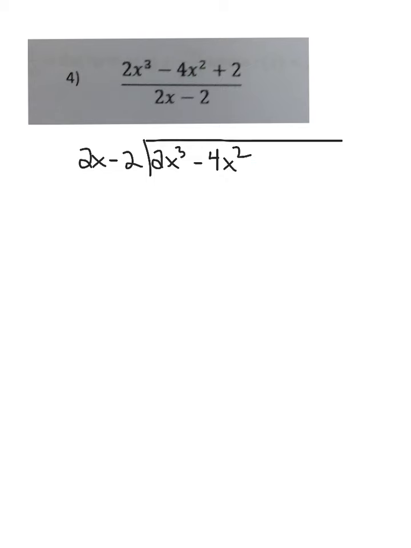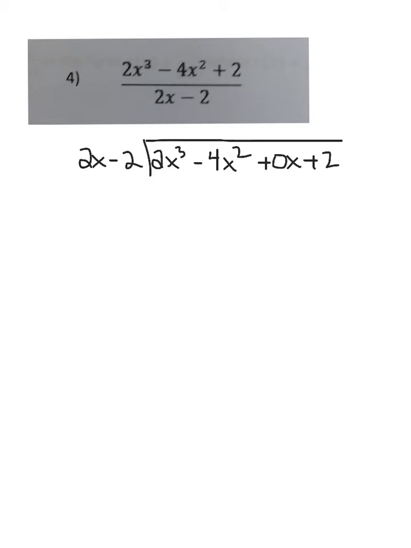And the reason why I did is, remember I said that we have to write this polynomial in descending order of the powers. So I have x cubed, then I have x squared, but I'm missing an x term. So if you're missing a term, remember then, all we're going to do is just put a 0 in its place. So in this case, 0x. And then we would write the plus 2.